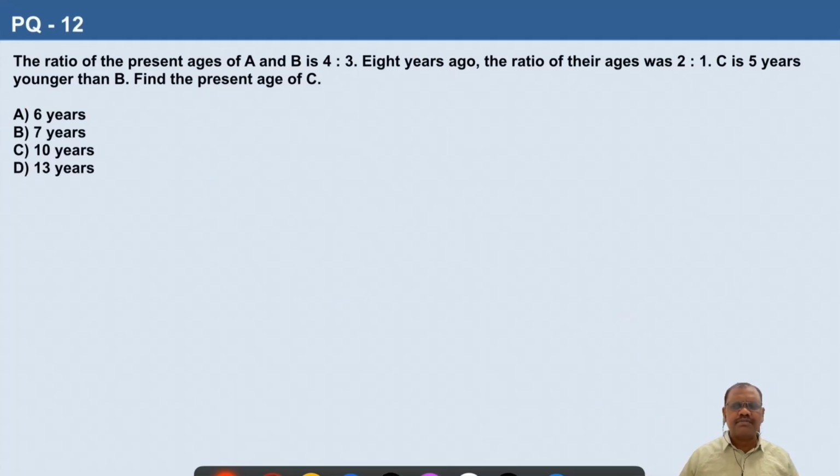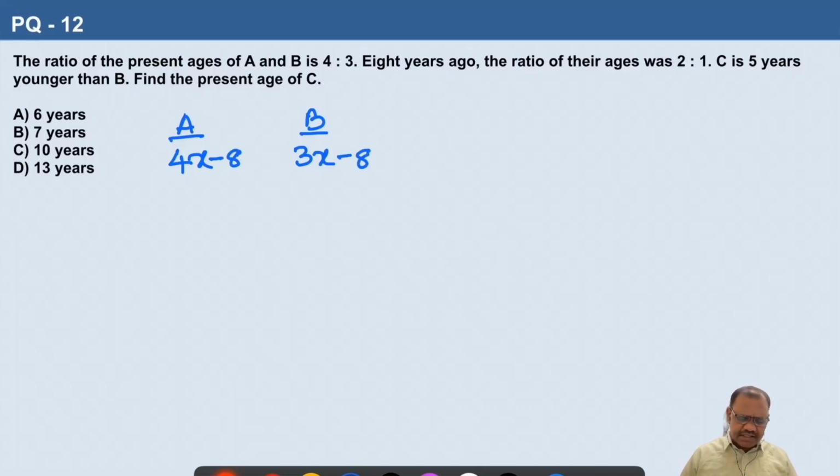Question number 12. The ratio of the present ages of A and B is 4:3. So same thing, A and B. Present ages ratio is 4:3. We can assume 4x and 3x. 8 years ago, subtract 8.